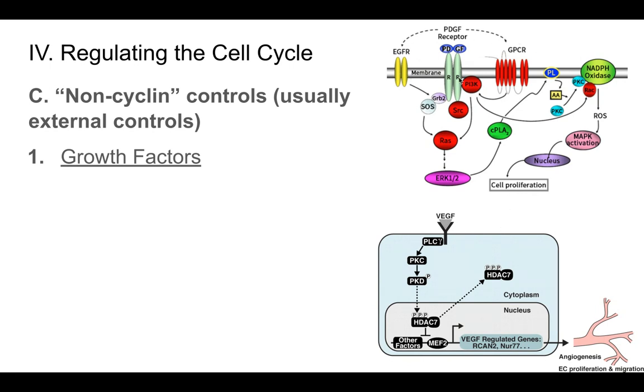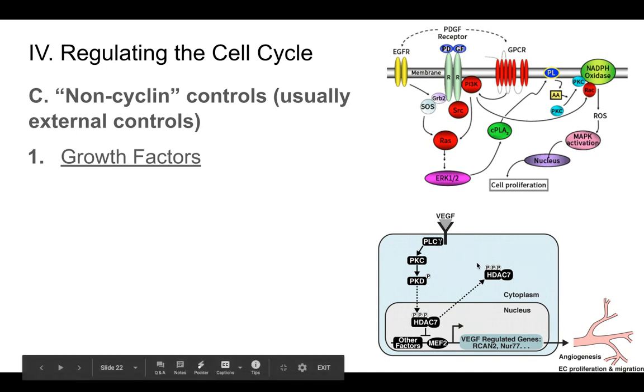In this diagram, here's our membrane. Here's a couple of receptors. And this little molecule right here, PDGF, or PD on one, GF on the other, collectively PDGF, is one ligand that is a growth factor.